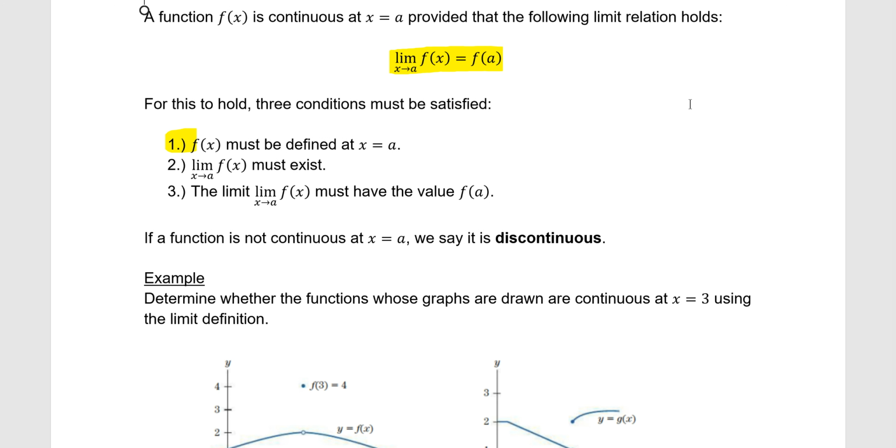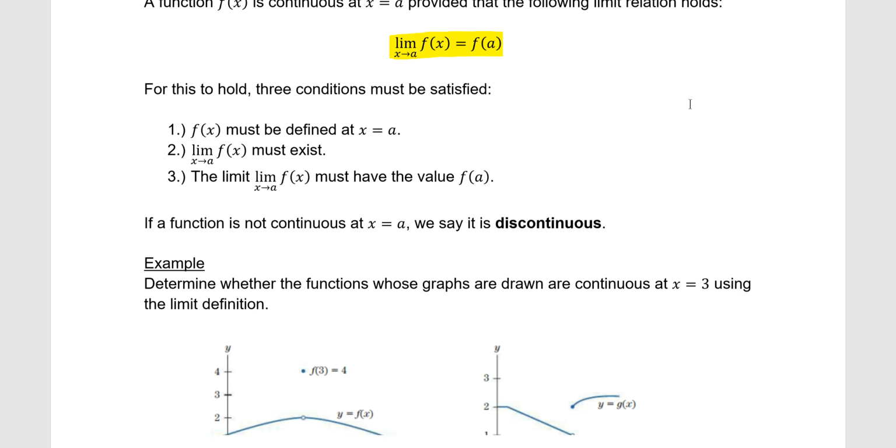First, the function has to be defined at x equals a, so f of a has to actually equal a value. Second, the limit of f of x as x approaches a has to exist. And third, those two have to be equal: the limit of f of x as x approaches a has to equal f of a. If this is not continuous at x equals a, we say that it is discontinuous at that point.